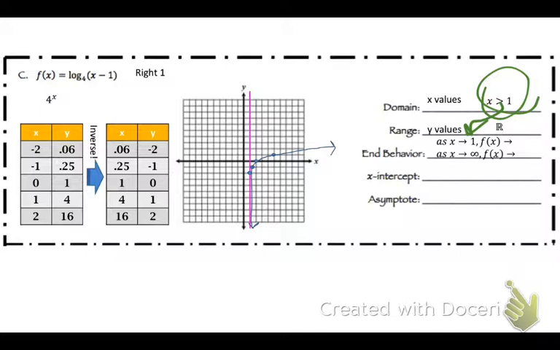Because 1 is the smallest value this will ever get for the x. So as x approaches 1, f of x goes to negative infinity. And as x goes to positive infinity, f of x goes to positive infinity. My x-intercept is right there at 2, 0. Then my asymptote is x equals 1.